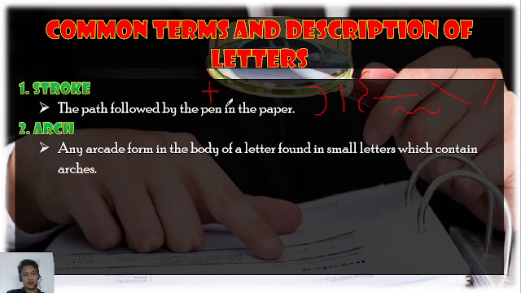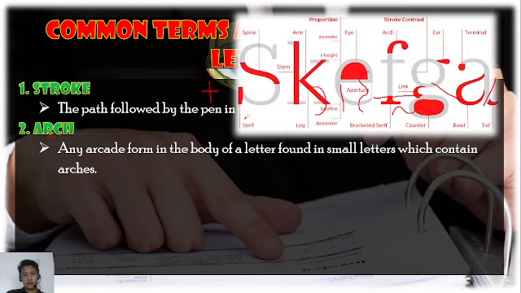Now we have another term we refer to as arch. Arch is any arcade form in the body of a letter, especially found in small letters which contain arches. An example we could have is with regards to this image. We can have the small letter F, and it has an arch on its body.